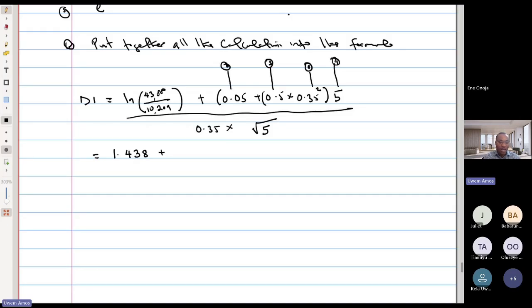That's step 3. Then multiply everything you have there by 5, and I have 0.556. Divided by the square root of 5, multiplied by 0.35, I have 0.783. Okay, that's D1.